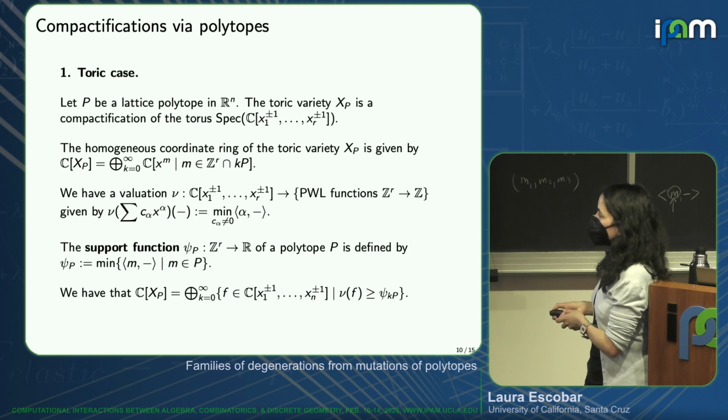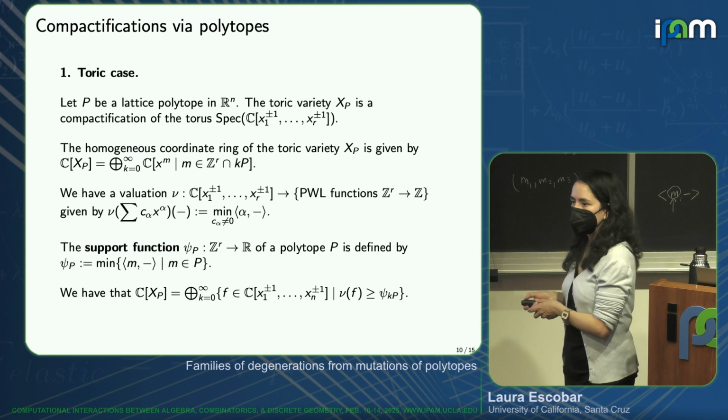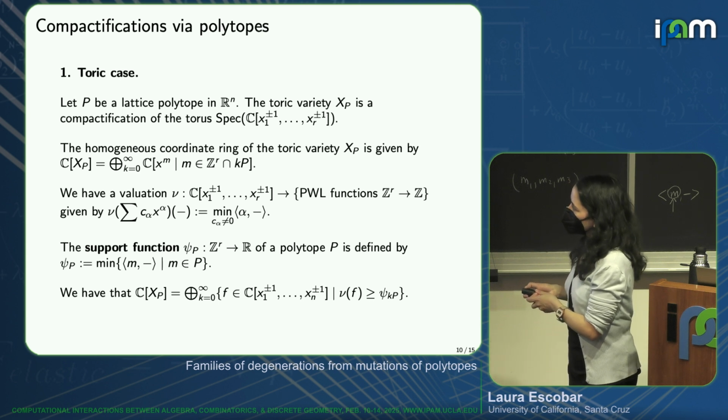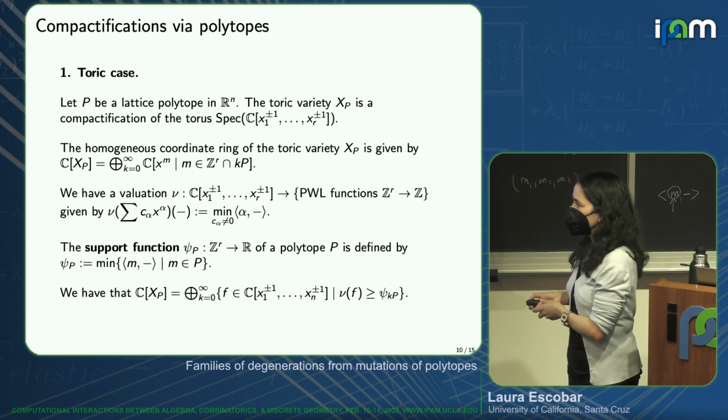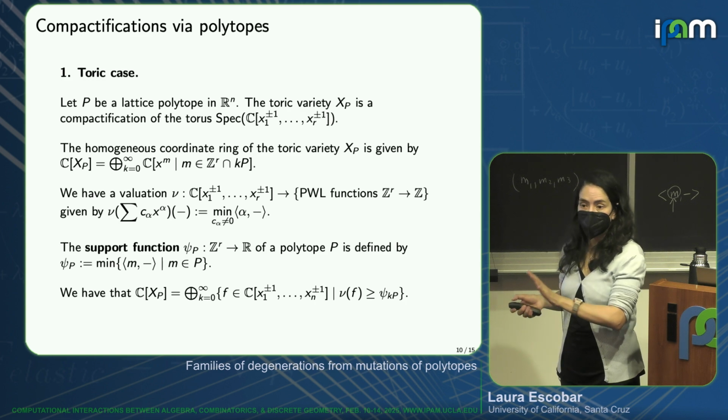So the kth graded piece is the polynomials such that their valuation as a function is bigger than the support function of the kth dilate of your polytope.